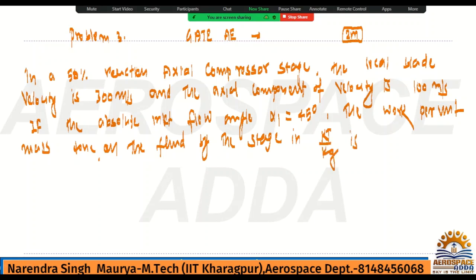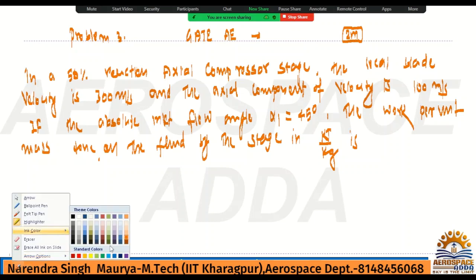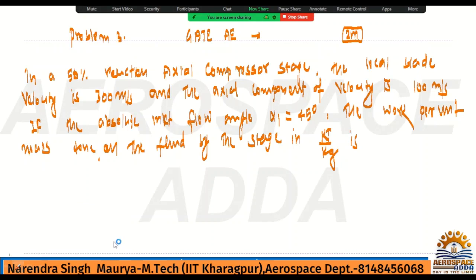They have given options: A 30 kilojoule per kg, option B 40 kilojoule per kg, option C 50 kilojoule per kg, option D 60 kilojoule per kg. The unit is already written here, so no need to write it, we just write 60 kilojoule per kg.